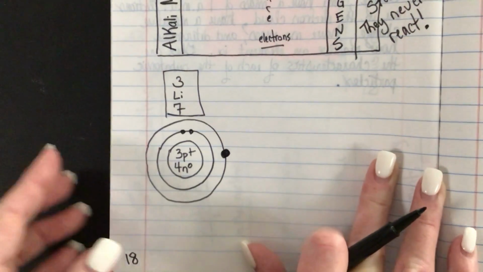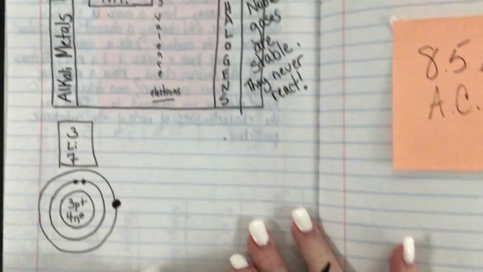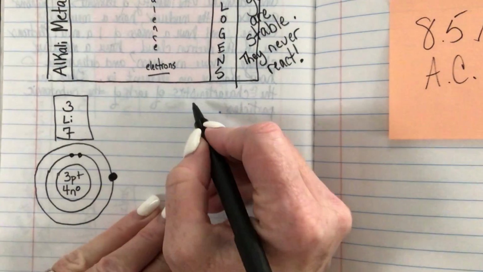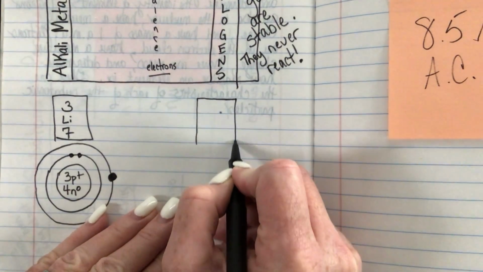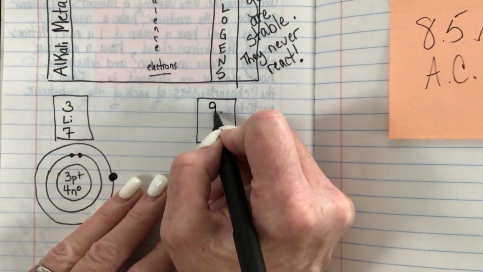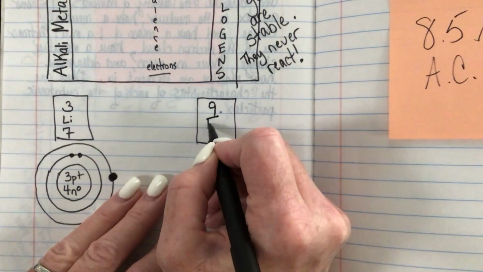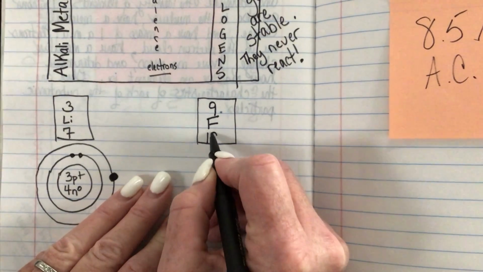All right, so now we're going to come over here and we're going to draw fluorine. Okay, fluorine is in group 7, correct? 7A, I should say, or 17. Fluorine has 9 protons. Its symbol is F, and it has a mass of 19.